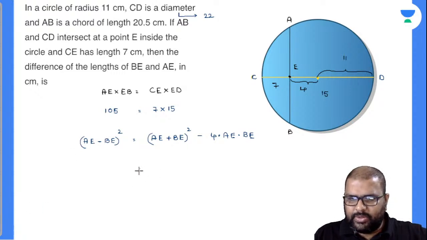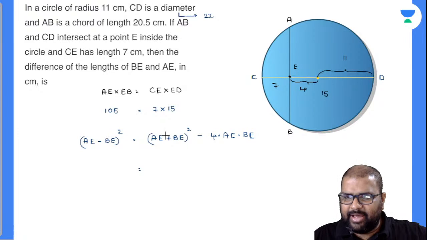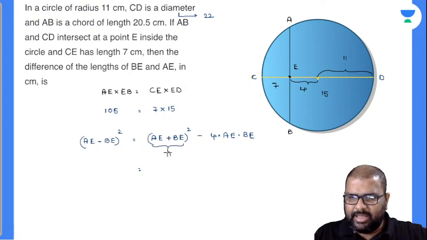AE plus BE whole square, you already know the AB value. The bracket value is nothing but AB whole square. AB is how much? 20.5. So I'll write here 20.5 whole square minus 4 AE into BE, which you have just calculated as 105.